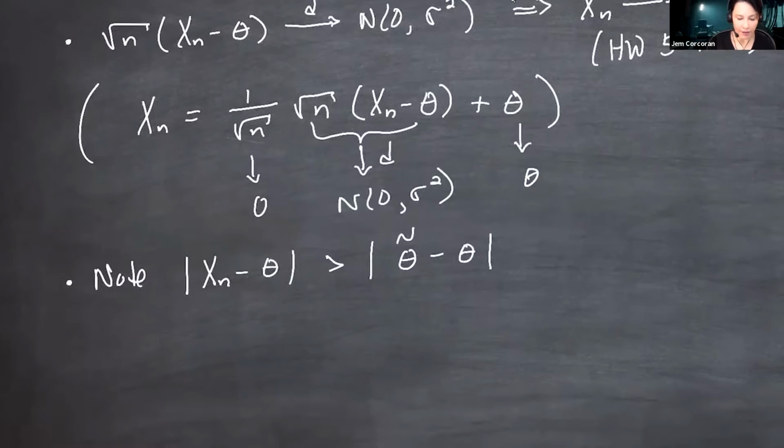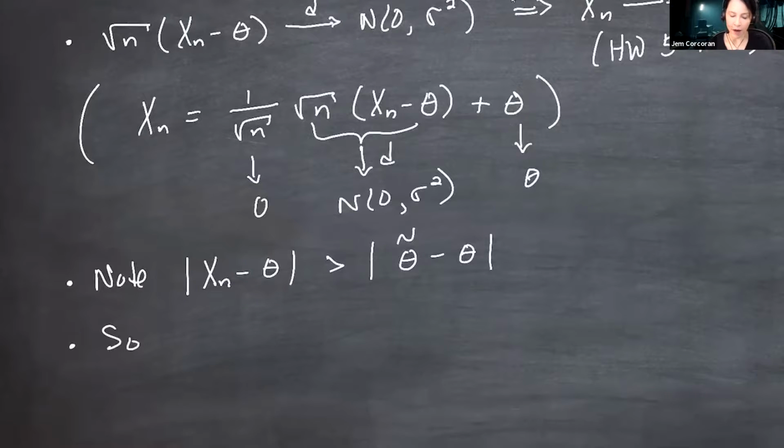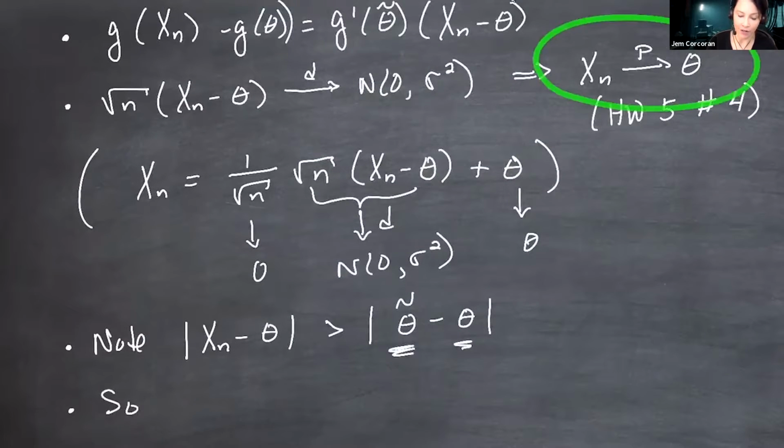Okay, so check this out. We can say something about this theta tilde, which is a random variable. We're going to show right now that it converges in probability to theta, and we're going to get that from convergence in probability of xn to theta.